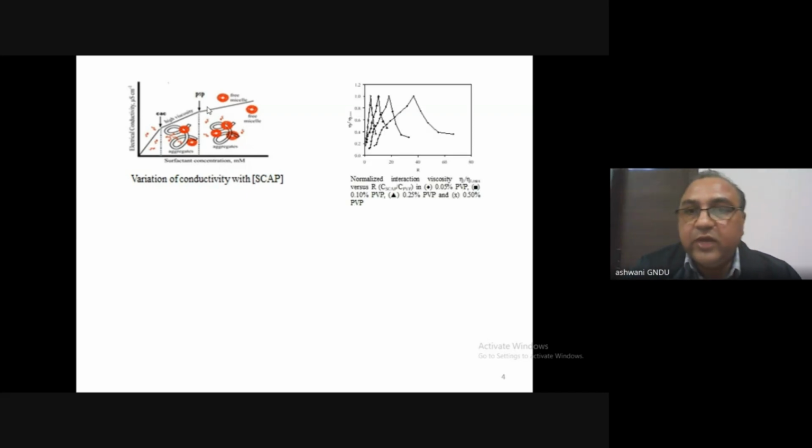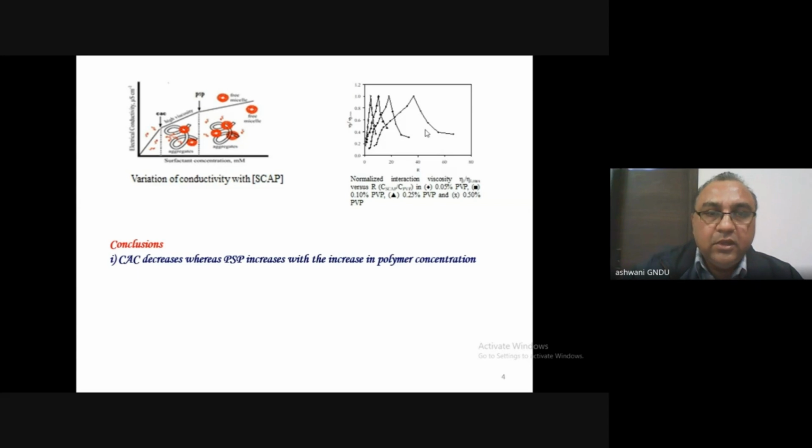We have also analyzed the interaction using viscosity. We determined the viscosity and found the interaction between the surfactant and polymers using different concentrations of polymer as well as surfactants, and came to the following conclusions: the critical aggregation concentration of the surfactant decreases, whereas the polymer saturation point increases with the increase in the concentration of the polymer.